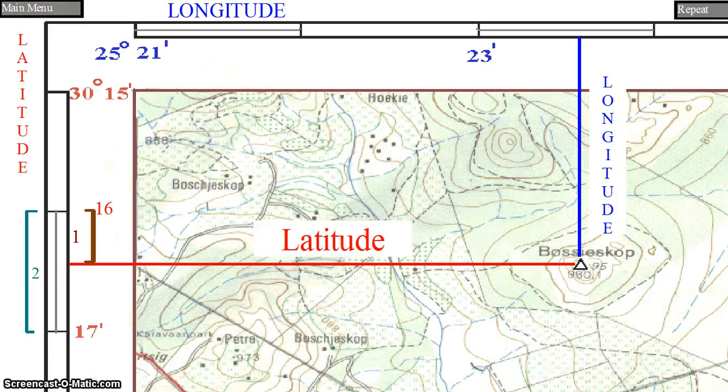Repeat the same procedure to find the longitudinal coordinates. Measure the distance at 3 and place it over the measurement of the distance at 4.